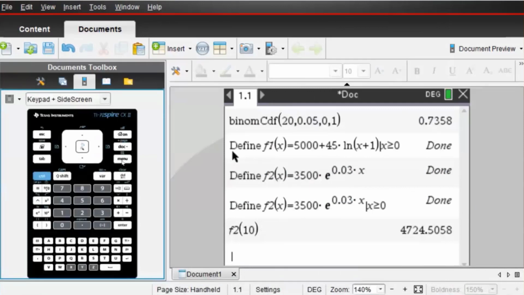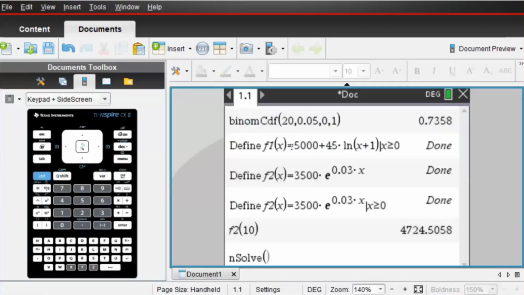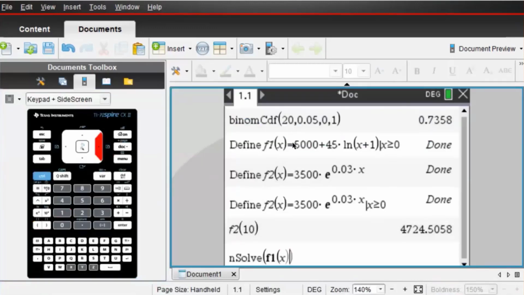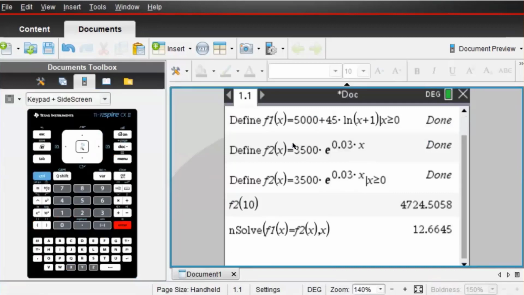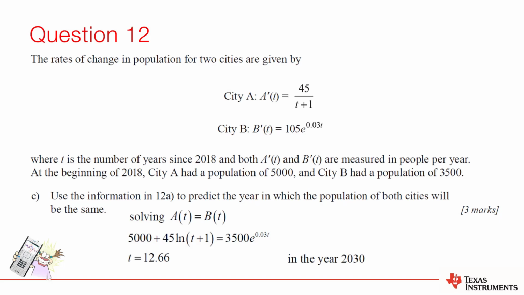So let's go menu, algebra, solve f1 of x equal to f2 of x, and we want to solve that for x. So that will give me 12.66. The question asked for what year? Well, this is after 2018, so it's in 2030, the year. Okay, so that's a nice way of solving that.